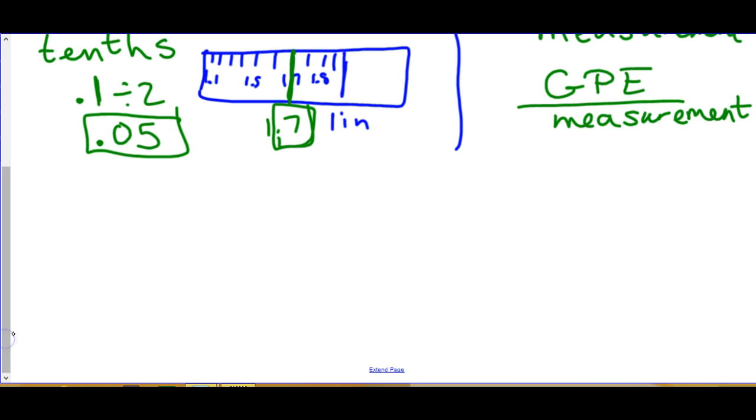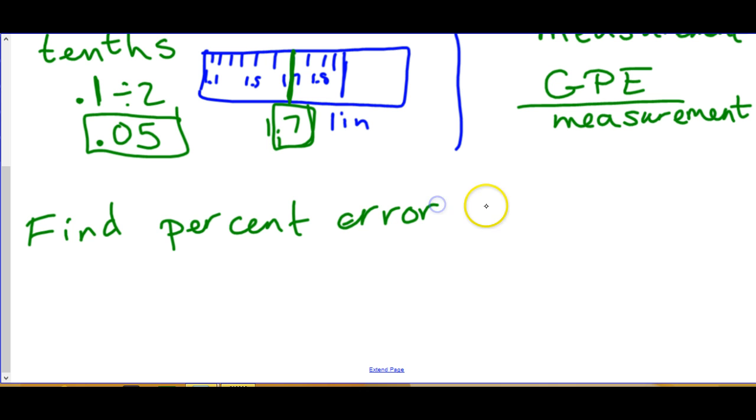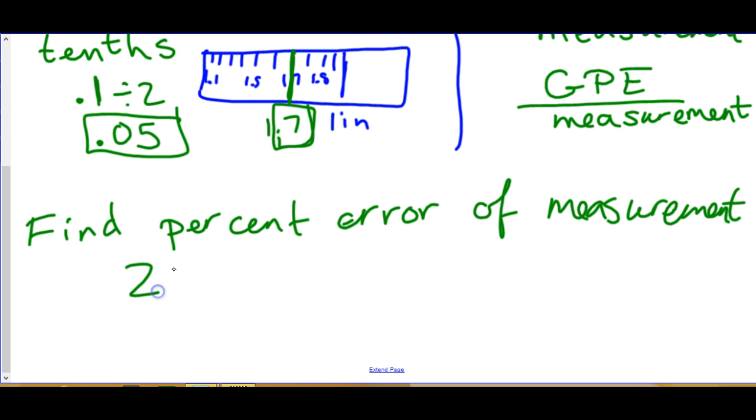let's do an example. Let's say we want to find the percent error of the measurement, and our measurement is 23 inches.